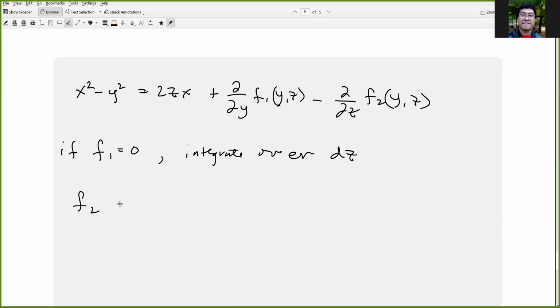So you have f2 equal to, this becomes x squared z minus y squared z, and minus x z squared.